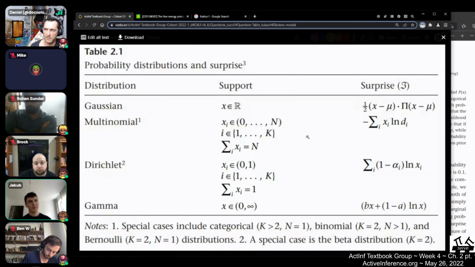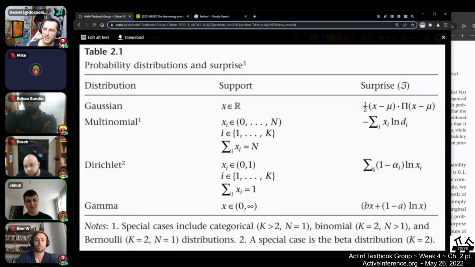Yeah. But I still have uncertainty about why we don't do that for the single dimensional Gaussian as well, because if we take just one point on the Gaussian, I understand why that would have a certain surprise. But then in the same way, if we take one point in the Dirichlet distribution, shouldn't that also have an equivalent equation for surprise?